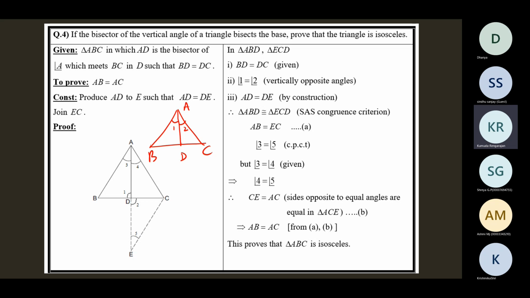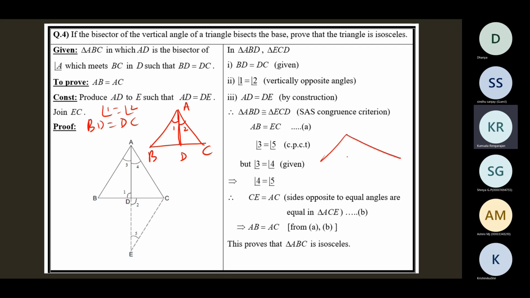That means if the line segment AD bisects angle A, that is angle 1 is equal to angle 2, and also bisects the base BC, that is BD is equal to DC, then prove that this can happen only in an isosceles triangle. Only if the triangle is isosceles, we can have a line segment like this.